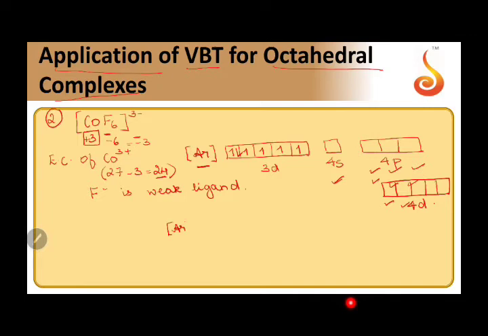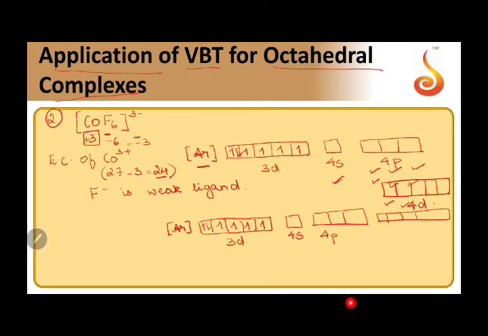Argon, these are the 3d orbitals which are untouched during this hybridization. One s, 3p and 2d orbitals, that is sp3d2 hybridization takes place here.